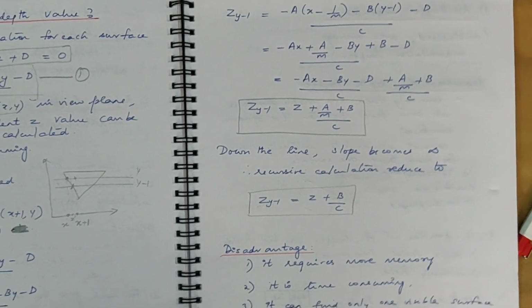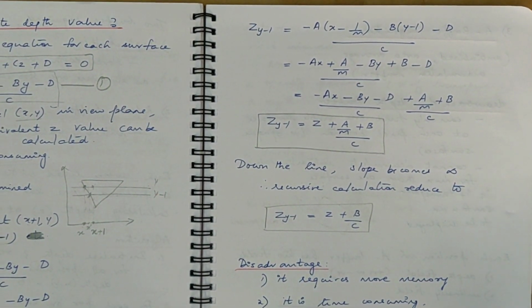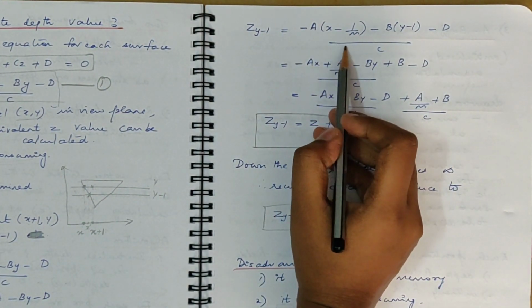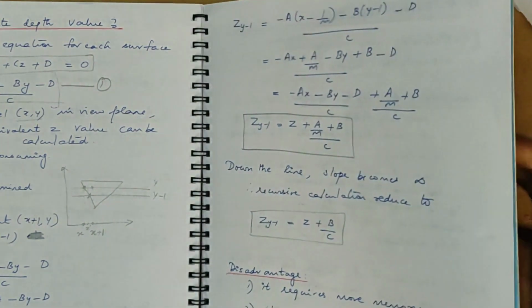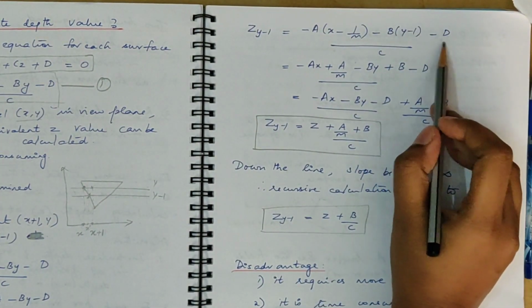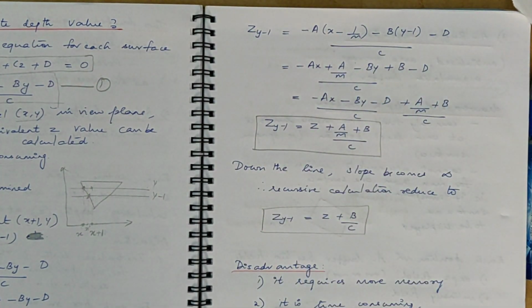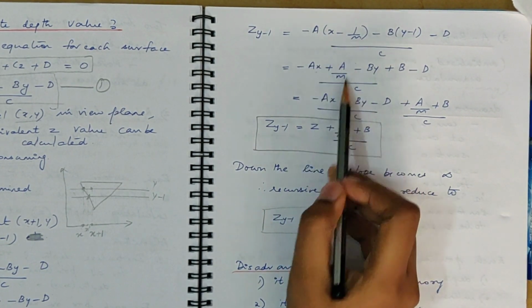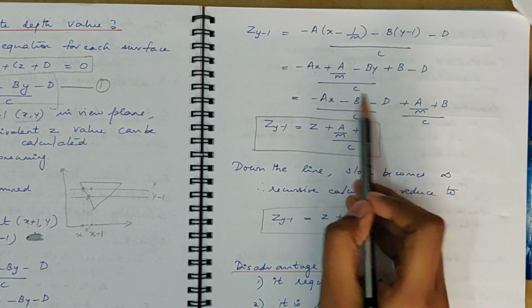So using this formula, let us try to find out z at y minus 1. How to calculate it? Again substituting this in the plane equation, you will get minus a times the new value of x dash, which is x minus 1 by m, and y is y minus 1, minus d by c. I just expanded and rearranged this equation, so you will get minus ax plus a by m minus by plus b minus d by c.